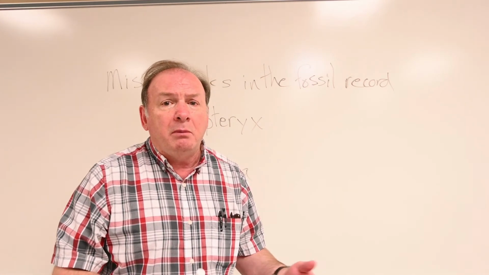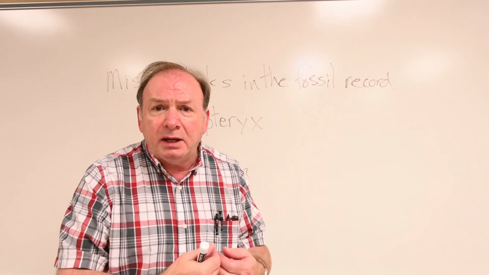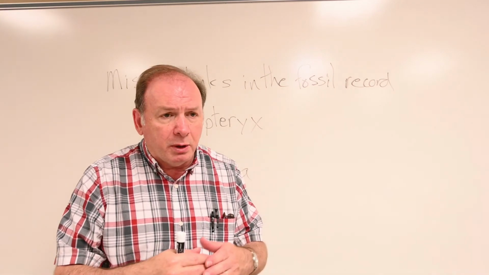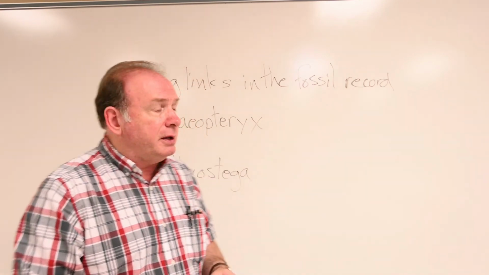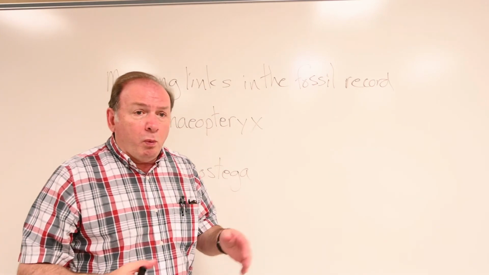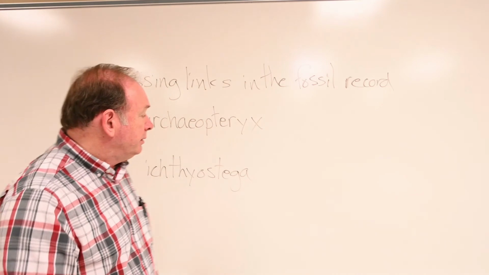That made them more similar to reptiles, and the hip and pelvic support structure was not like modern birds, where you see a lot of fusion of bones. It's not there in the Archaeopteryx. So Archaeopteryx is the most well-known example of that kind of intermediate between birds and reptiles.